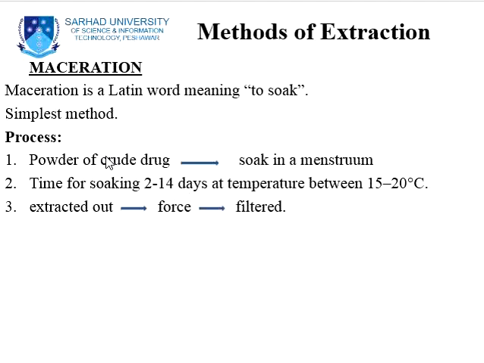Then the vessel is agitated repeatedly over a period usually ranging from 2 to 14 days at a temperature of about 15 to 20 degrees centigrade, or until the crude cellular structure is softened by absorbing the menstruum. And lastly, the soluble constituents are dissolved and extracted out with or without force, and finally filtered and used.